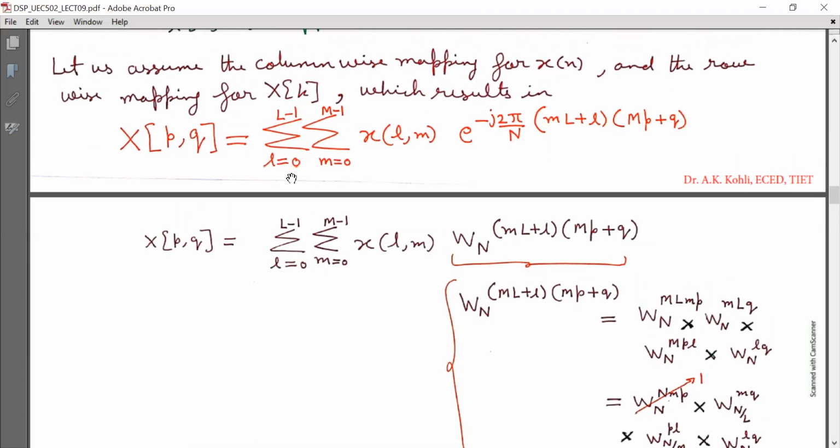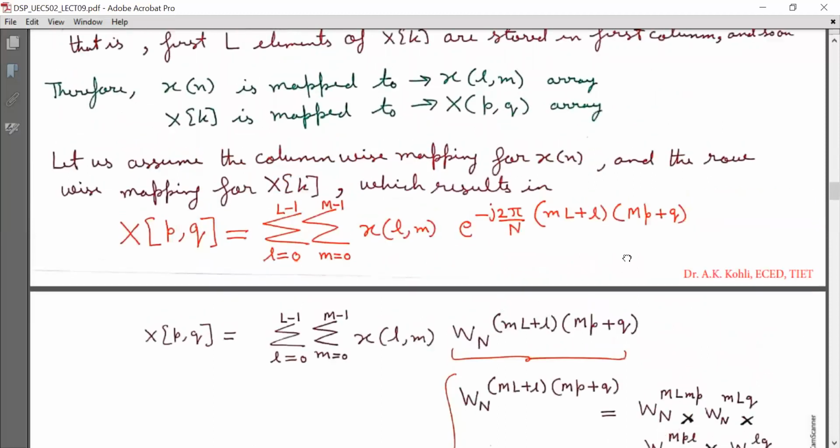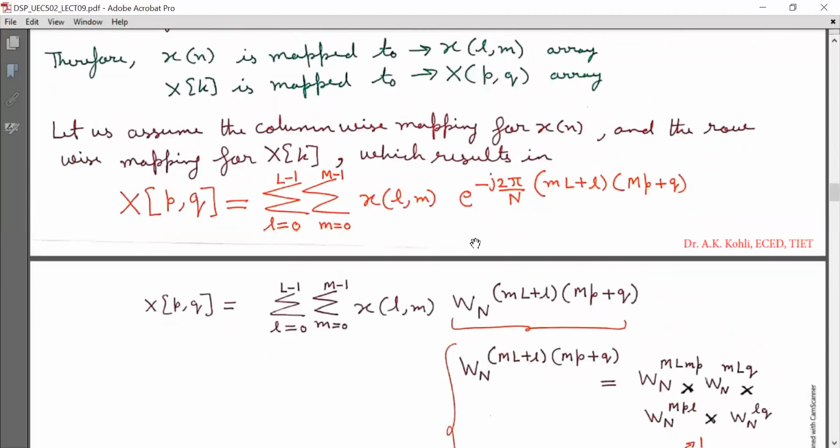There will be two summations, l running from 0 to L minus 1 and m running from 0 to M minus 1, of x(l,m) e raised to minus j2 pi nk over N. Now here, as we are doing column wise entry, n is mapped to Ml plus l and k is mapped to Mp plus q. Instead of n, we are writing Ml plus l, and instead of k, Mp plus q in the conventional DFT formula. This is how we map the things.